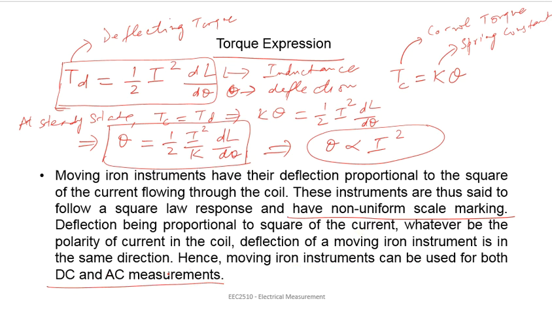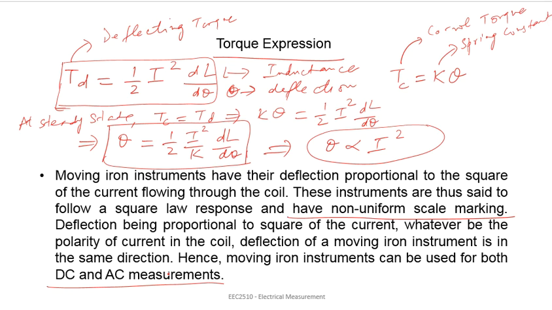So this is again one difference which the moving iron type instrument has with the PMMC type, that is, first of all it is having non-uniform scale, whereas the PMMC type has the uniform scale. And the other one is that the moving iron can be used for AC as well as DC measurements, but PMMC type instruments are always used for DC measurements.